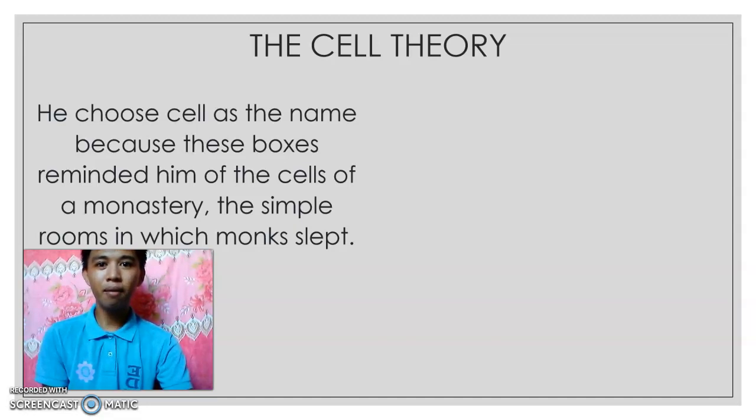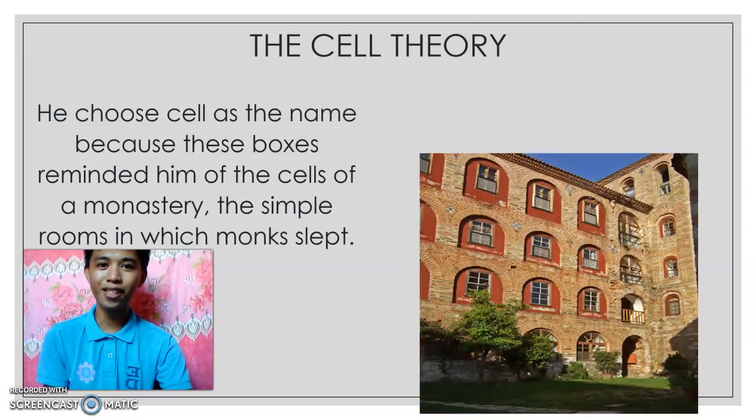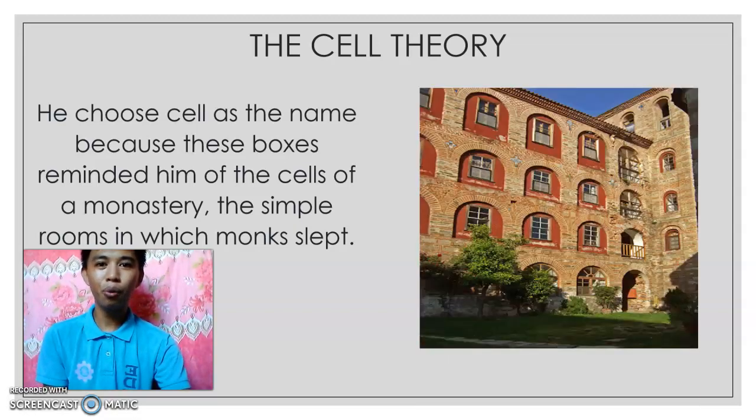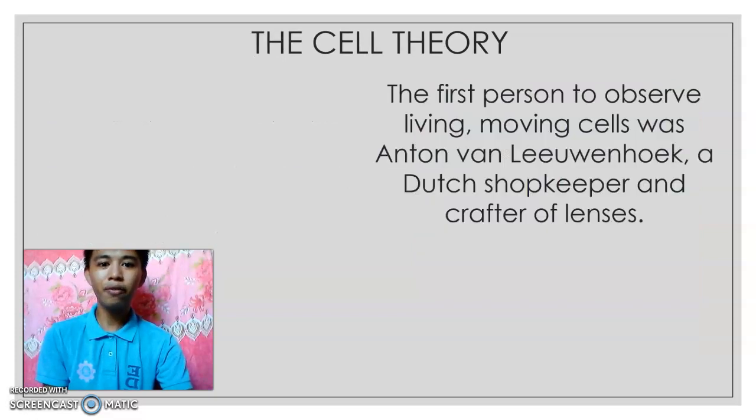He chose the name cell because the boxes reminded him of the cells of a monastery, the simple rooms in which monks slept. The cells that Hooke observed, however, were in dead tissue and were in fact cell walls left behind after the death of the real cells.